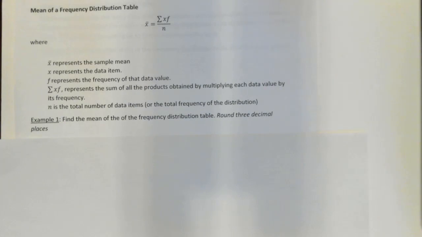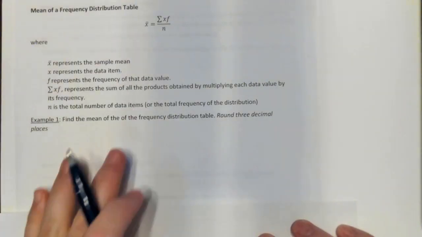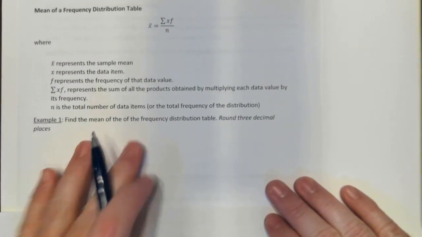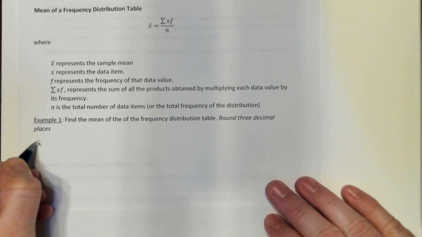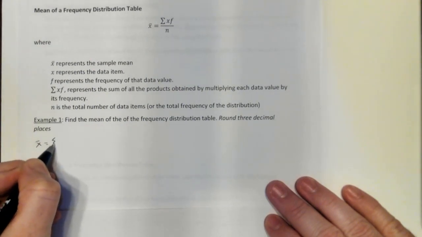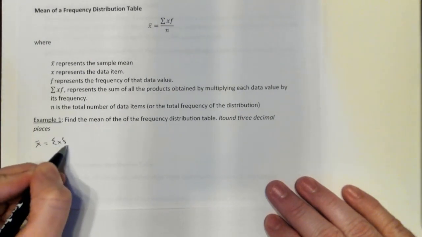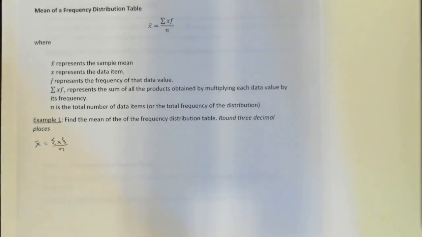So here it wants to find the mean. It says to round to 3 decimal places. So I'm going to write out that formula. And then I'm going to bring my table back. Okay. Here's my table.